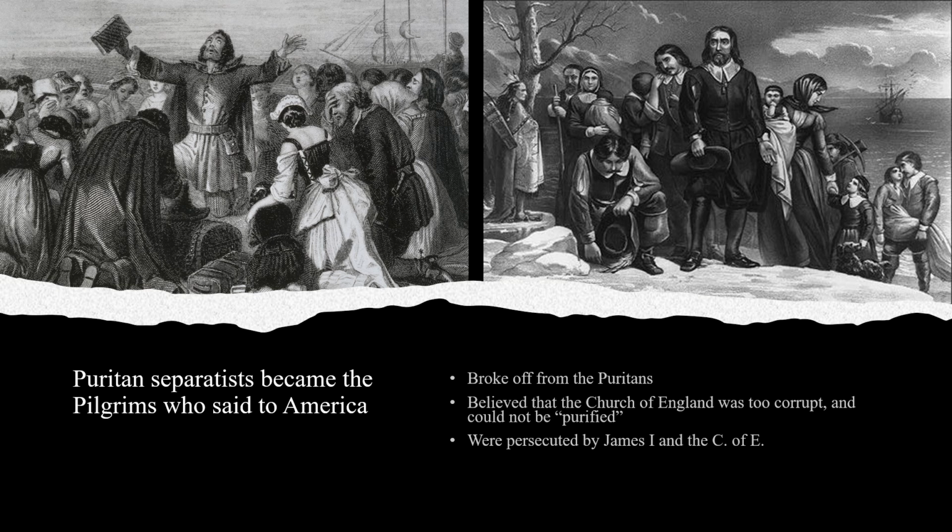In order to understand why Plymouth was so different from Jamestown, we have to talk a little bit about who the people were that established Plymouth, the so-called Pilgrims. Back in England, the people who formed the Pilgrims' political leadership and cultural elite were religious dissidents called separatists.